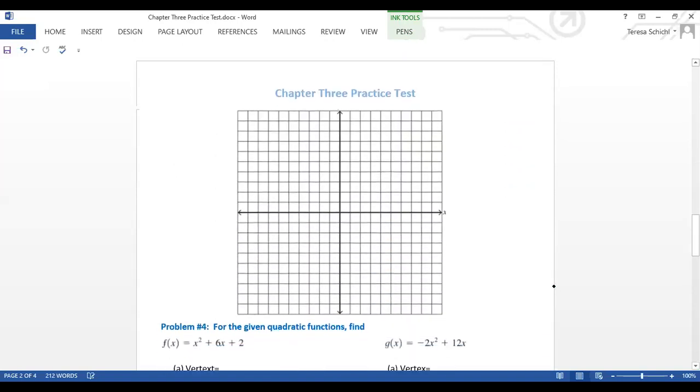Okay, so now let's try to plot that. Let me make the scale a little bit bigger so it's easy. So 1, 2, 3, 4, 5 on each axis.